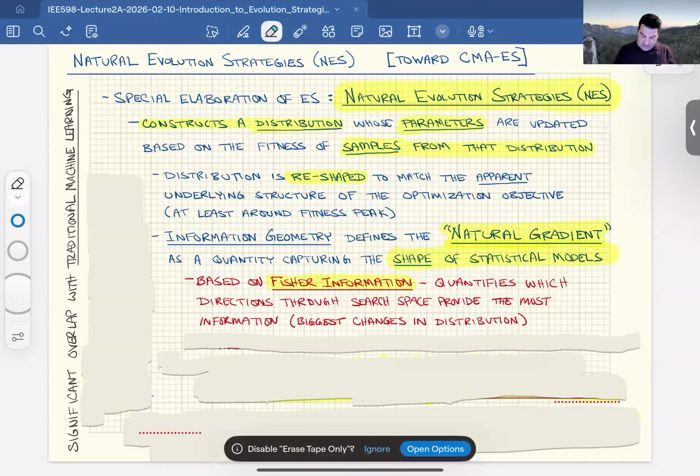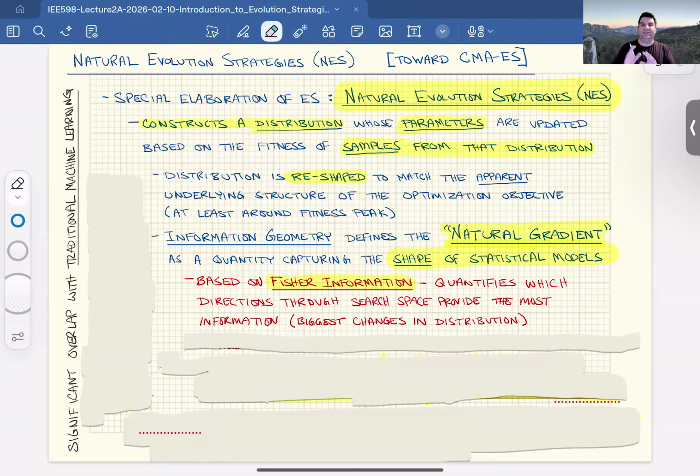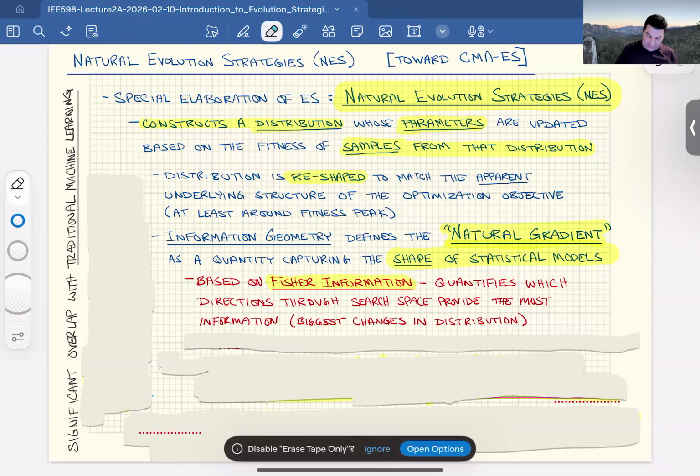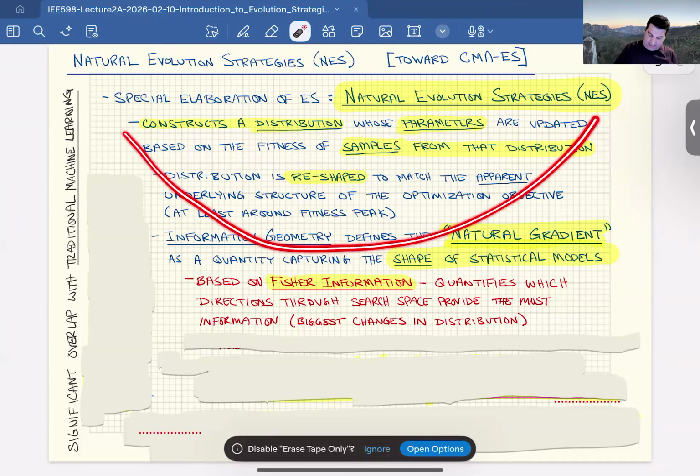What we mean by that is there's this tool called Fisher information, which quantifies which directions through search space provide the most information. In other words, the biggest changes in distribution. If you've got a bunch of decision variables, which are just directions in your decision space, then imagine you're at a flat spot in the fitness landscape, relatively flat down here.